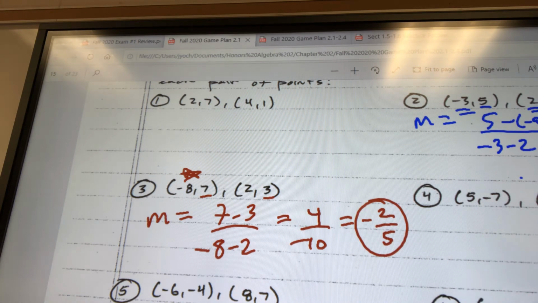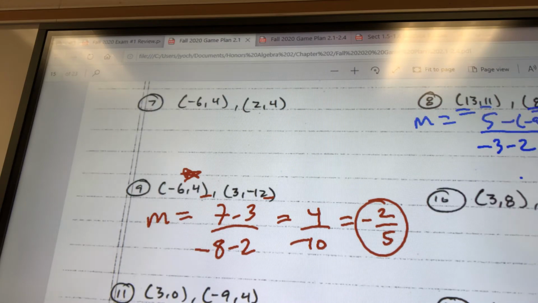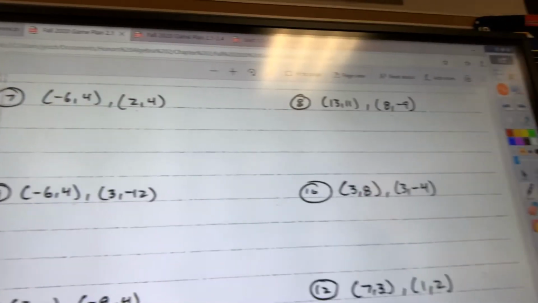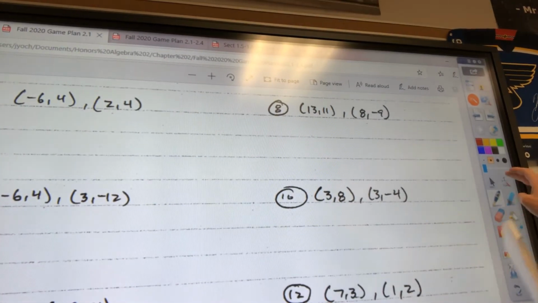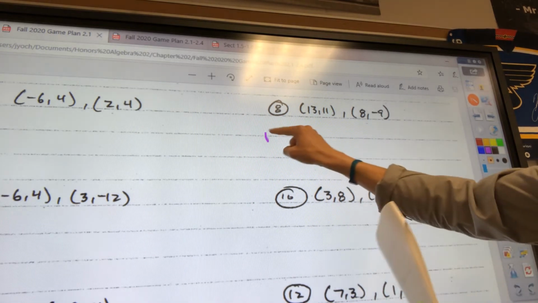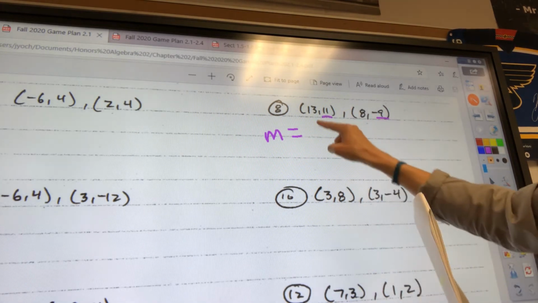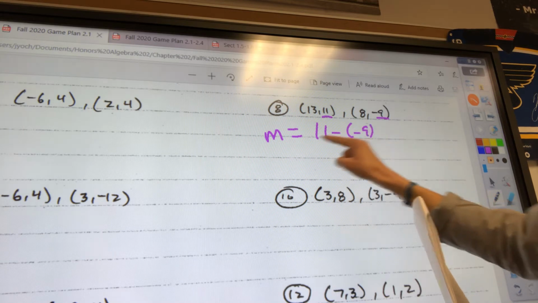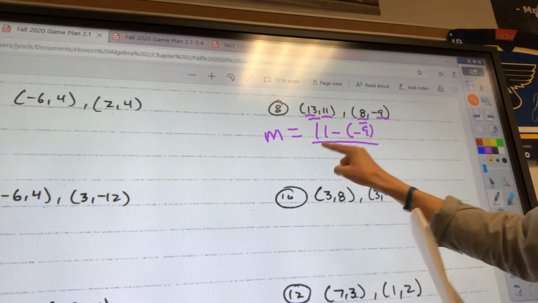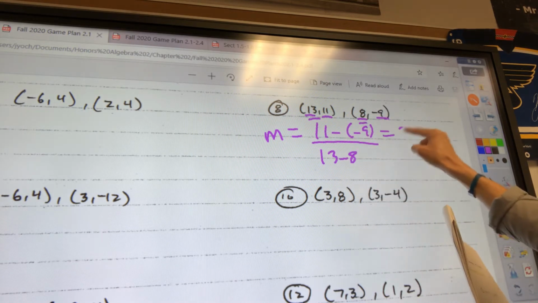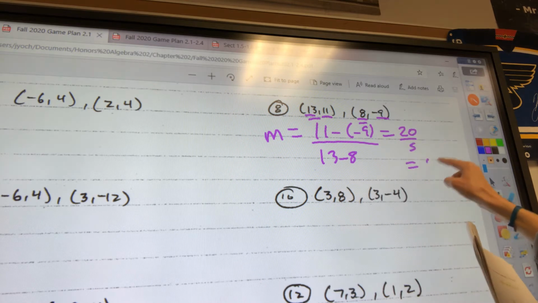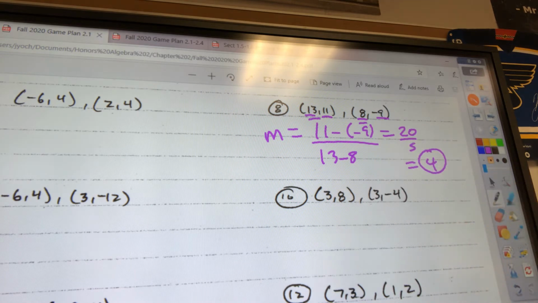Then, let's keep going. Let's talk about number 8. Slope is, bigger y is 11. 11 minus a negative 9 over 13 minus 8. Bigger y minus a smaller y. I always want a positive numerator if I can.